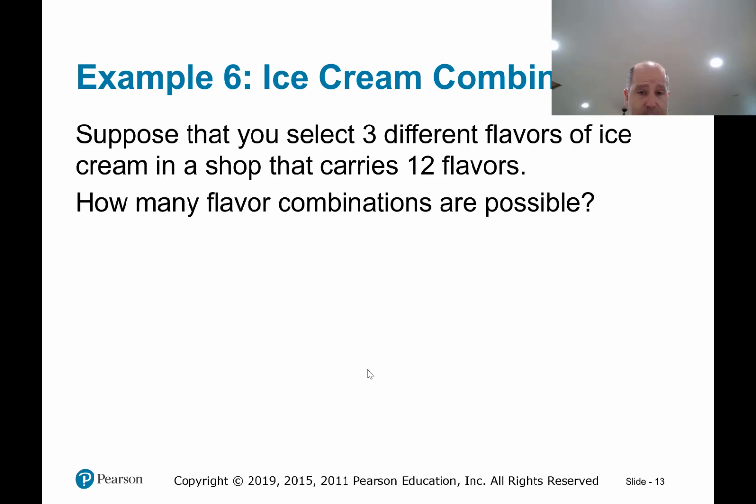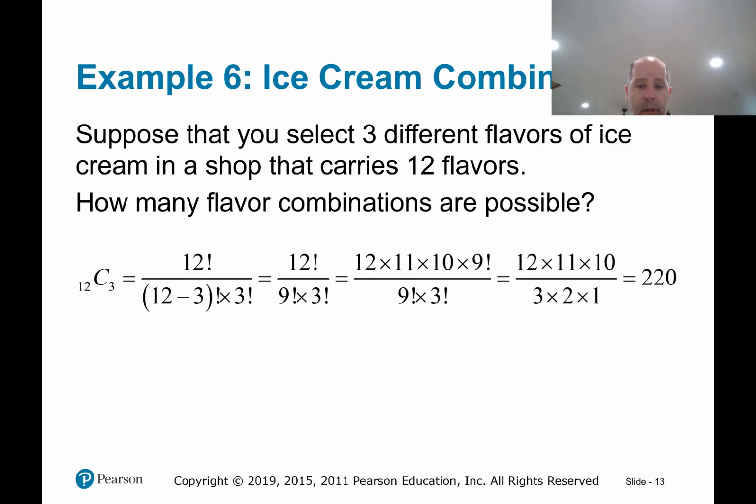When we multiply those 3 numbers together, 12, 11, and 10, that gives us the total number of permutations. But then we're going to divide by 3 factorial again, or 6, to get the number of combinations. And that gives us 220 different combinations of flavors for a 3-scoop ice cream cone, or in a cup.